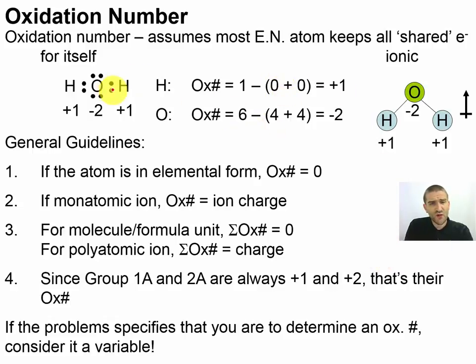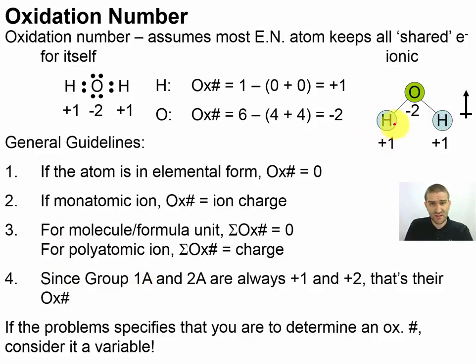But notice, if we use the rules we have down here, none of these are in their elemental form, and we don't have a monatomic ion. For the molecule, the sum of all our charges has to end up being 0. So we'll check. I've already assigned a +1 and a -2. I have two +1s and a -2, which gives an overall charge of 0, so that rule has been fulfilled. For group 1, hydrogen will be a +1.